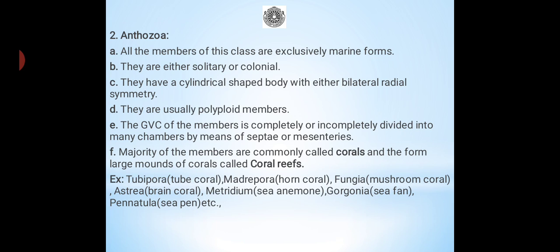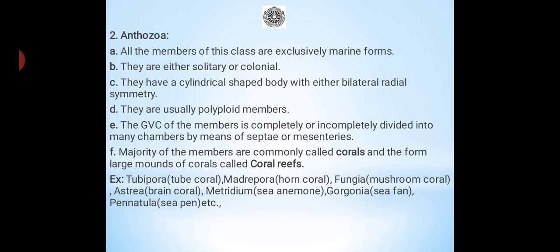Coming to class 2, Anthozoa. All the members of this class are exclusively marine forms. They are either solitary or colonial. They have a cylindrical shaped body with either bilateral or radial symmetry. They are usually polypoid members, that is exhibiting mostly the polyp generation, that is asexual generation.